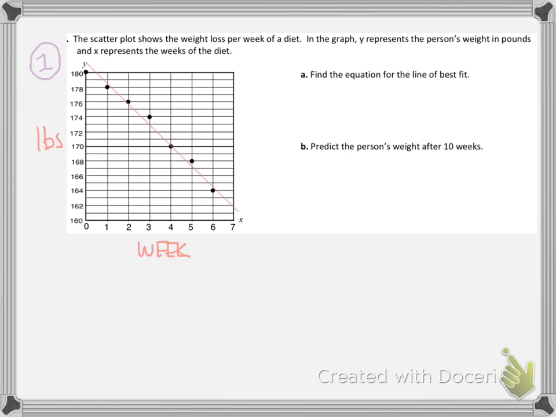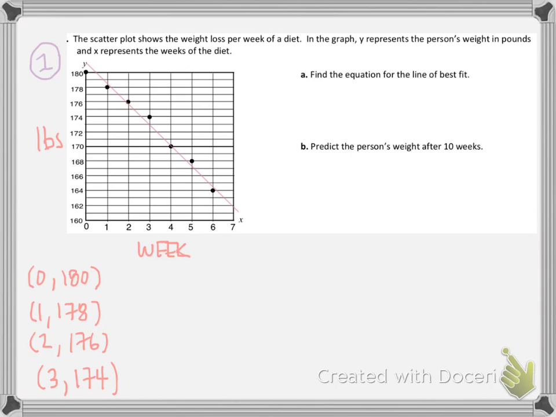So the first thing I need to do is find my ordered pairs. So at week 0, my weight is 180. At week 1, my weight is 178. At week 2, my weight is 176. At week 3, my weight is 174.